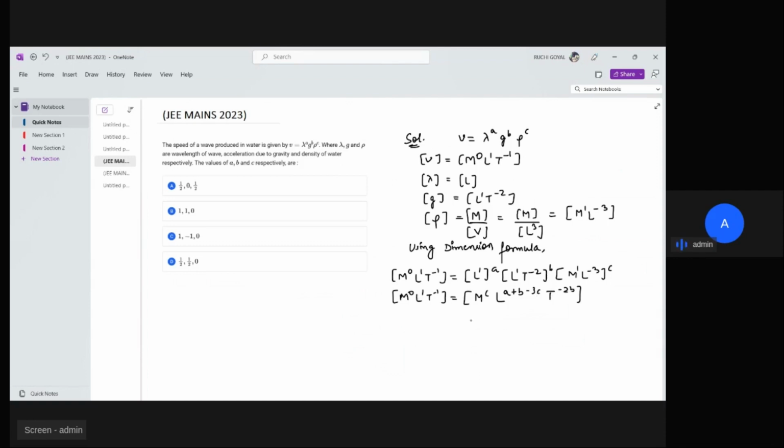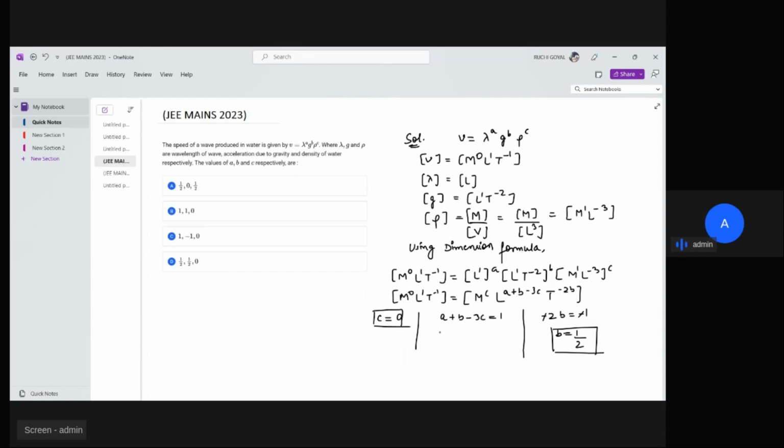Correct? Now we can compare on both sides. M raised to power 0 is equal to m raised to power c. So it will be c is equal to 0. Okay. And this one is a plus b minus 3c is equal to 1. And this is minus 2b is equal to minus 1. So it is cancelled. B will be 1 by 2. And c is 0.